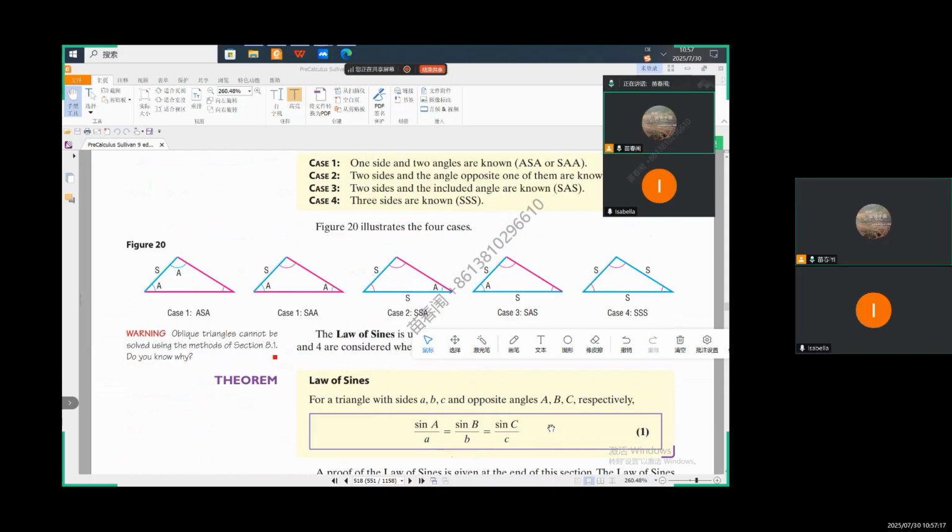Let me prove one of these actually. Let's just use any triangle ABC. Not a special angle, just a normal triangle. Let's use the height to prove it.